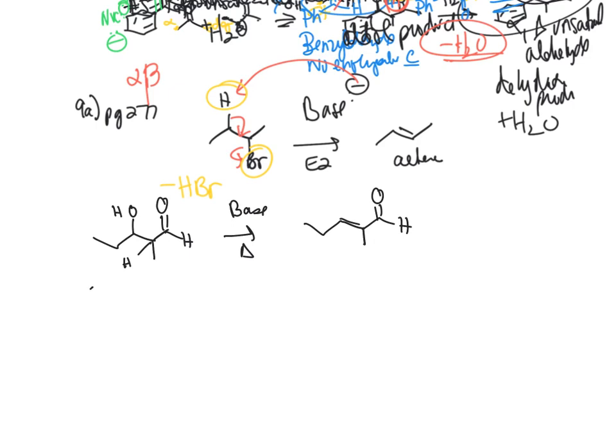Okay, so this is an E1cb mechanism. Okay, so this is for C2. Okay, so this is E1cb. This base, we'll just do O minus. This is your alpha hydrogen. This is your beta. What happens here is this eliminates, and what it forms is this.